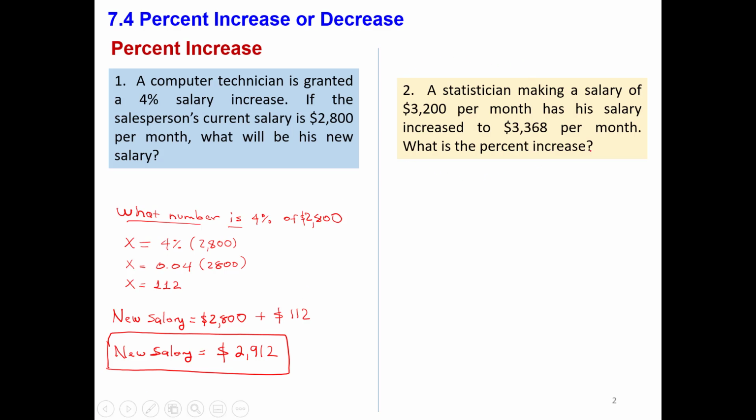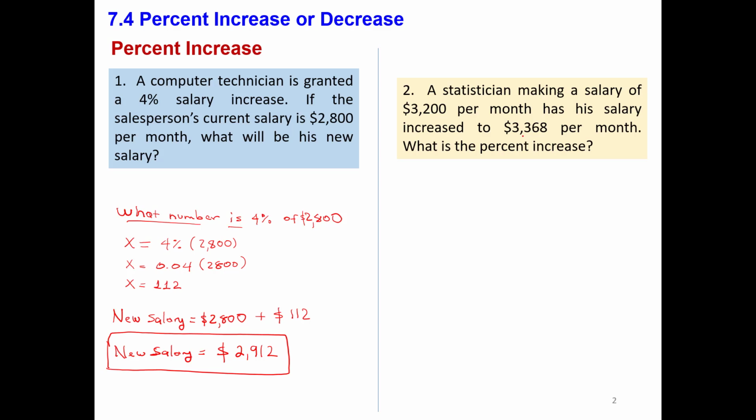Because we want to calculate the percent, first we want to calculate the amount of the increase of the salary. To do that, we subtract the new salary minus the old salary.